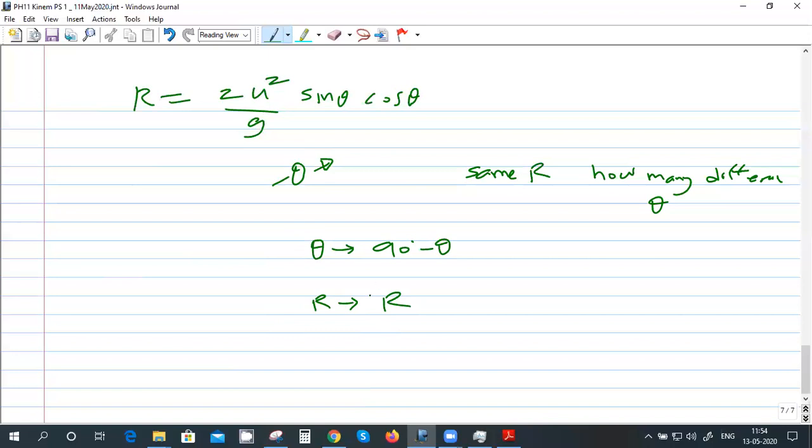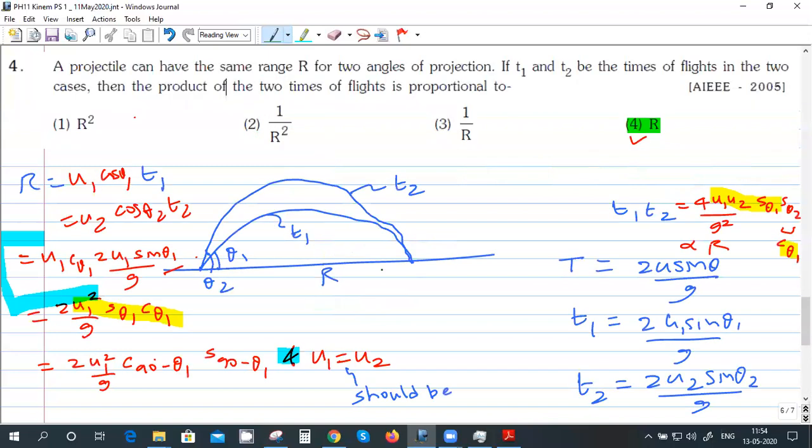So if you just change theta to 90 minus theta, the range will be the same. With all other things constant, the only thing that changes is the time of flight. The one with the larger theta will take longer to reach the ground. That is the difference.